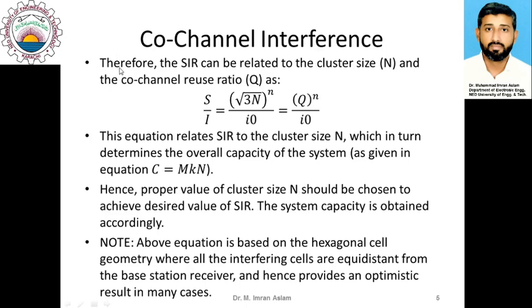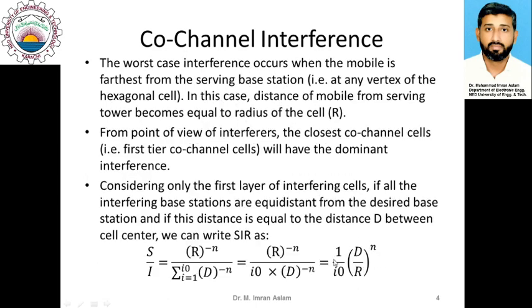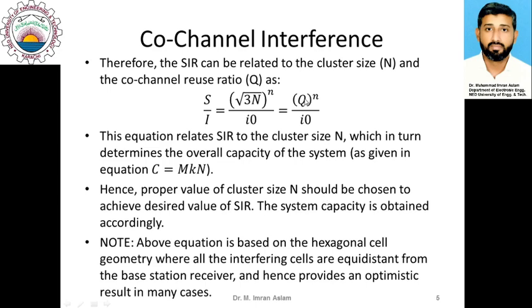So we can relate this SIR with the cluster size and co-channel reuse ratio, because this one is actually the co-channel reuse ratio Q, and Q is equal to, for hexagonal geometry, the square root of 3N. So we can simplify this signal to interference ratio to give an expression like this.